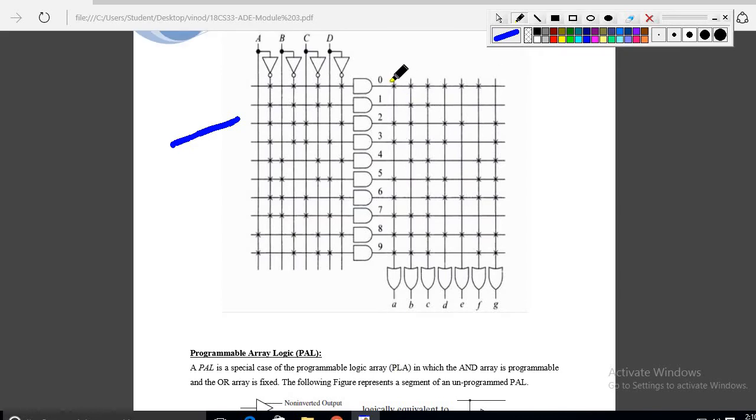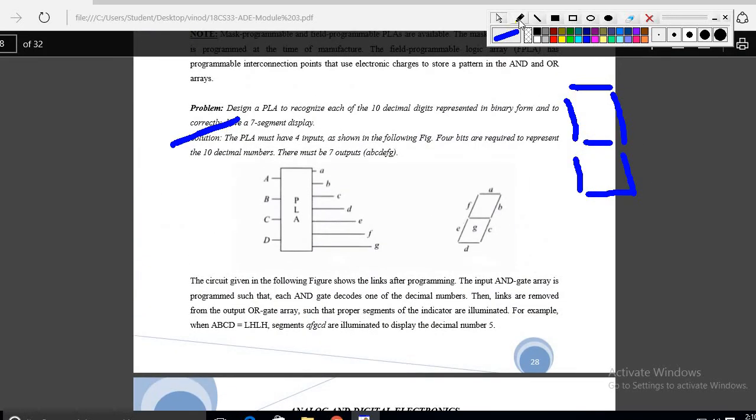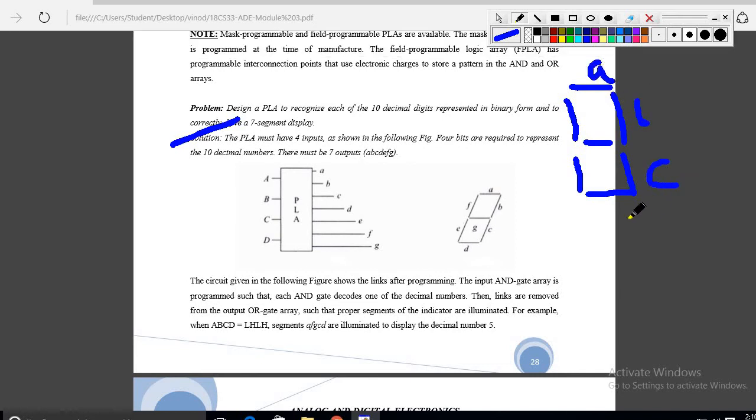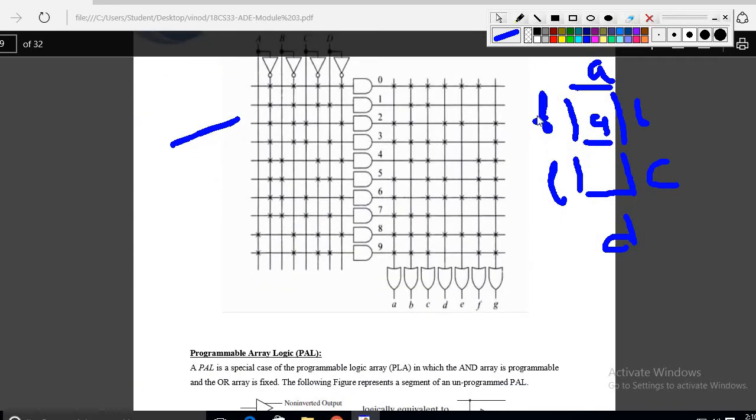So how do I make these marks? First, see here, in the display format, you have to write like this: A, B, C, D, E, F and G. This is what exactly the display looks like.